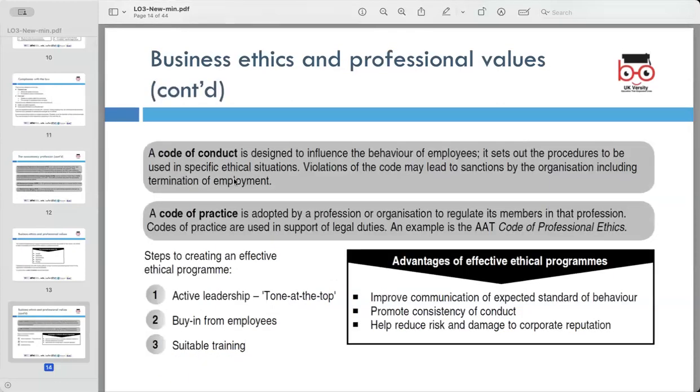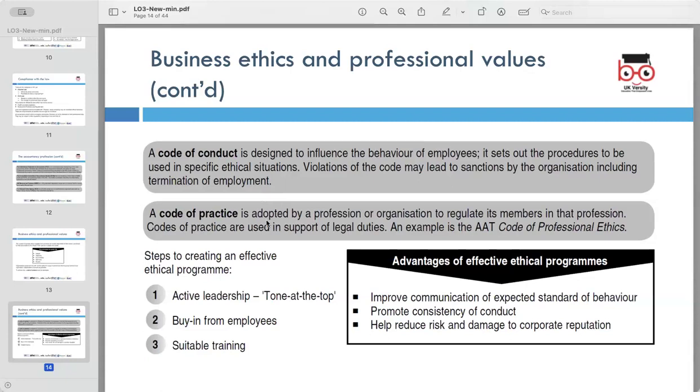The code of conduct serves as a framework for influencing employee behavior by delineating procedures for specific ethical situations. Violations of the code may result in sanctions, including termination of employment. Also, professions or organizations often adopt codes of practice to regulate members and support legal duties.